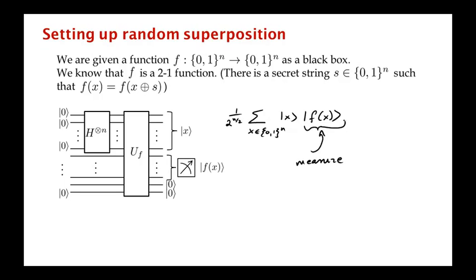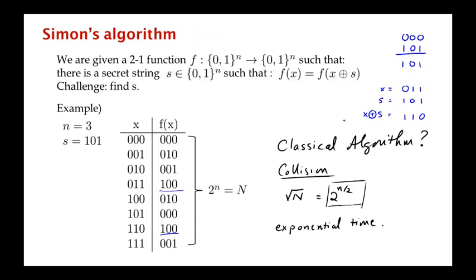So now what does f of x look like? If we were to look at this example, we'd have a superposition over all these values. The first register would contain, with amplitude 1 over square root of 8, 0, 0, 0, and the second register would be 0, 0, 0.